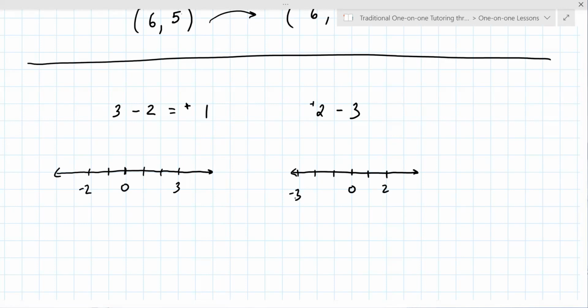Which is further from 0? Well, we can say that -3 is further from 0 because it went a few spaces away from 0. So that means the answer is negative, because this -3 is further from 0.